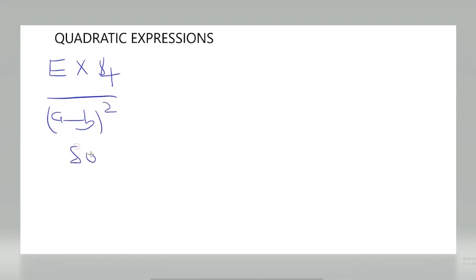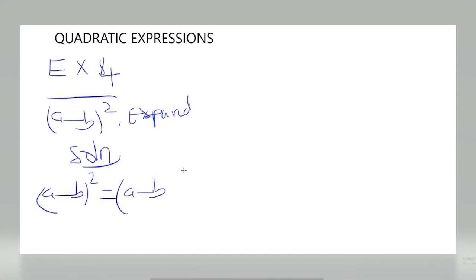The question is to expand this expression. Now, a minus b squared means a minus b is repeated on itself: a minus b times a minus b.